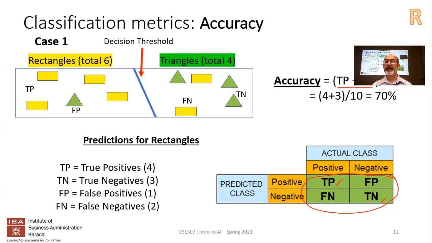So if you look at the accuracy, it's basically taking true positives and true negatives, and it's dividing over all 4. Okay. If you're looking at some of the other metrics, they will take some other column. All right. For example, if you look at one of these, it will look at true positives divided by true positive plus false positive.